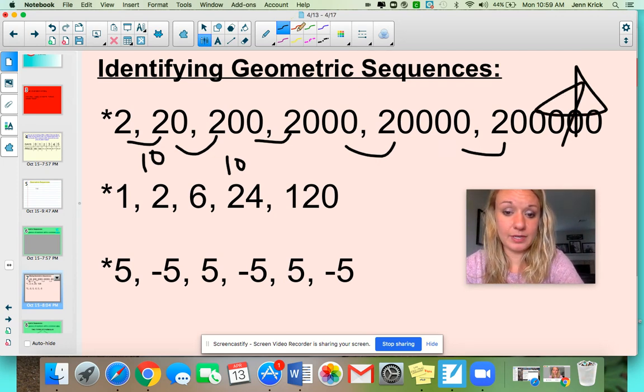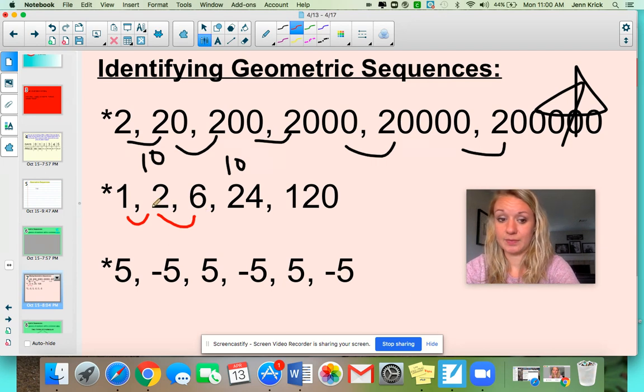If I'm looking down here at my next one, to get from 1 to 2, I say, all right, I know 1 times 2 is 2, but then is 2 times 2 6? No, it's not. Because there isn't a common ratio here, because it's 1 times 2 and then times 3 and then times 4, that doesn't work. This is not a geometric sequence.